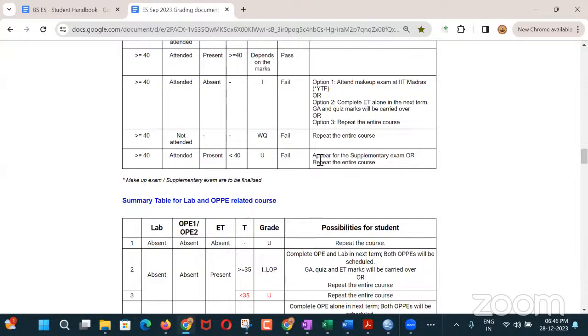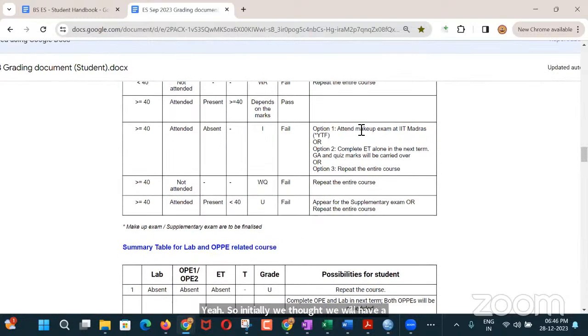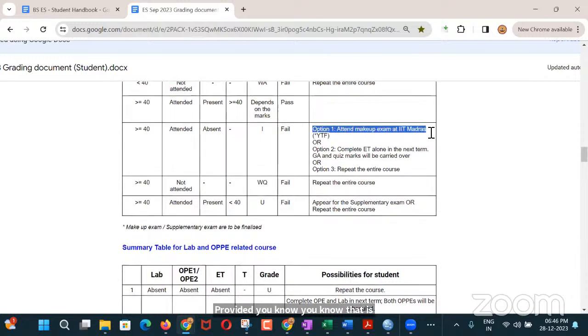Initially we thought we will have a makeup exam at IIT Madras campus, in case students can come and attempt. However, it was not finalized.